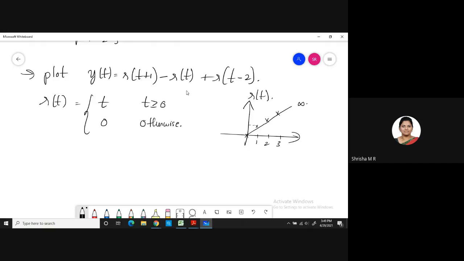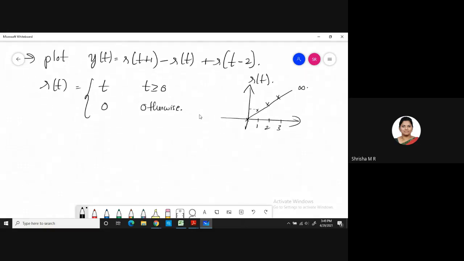So you have r of t plus 1 minus r of t plus r of t minus 2. So how do we plot this signal y of t? First you write what is r of t plus 1, r of t and r of t minus 2. So r of t plus 1, how will that signal look? Here k is positive, so is it right shifting or left shifting?